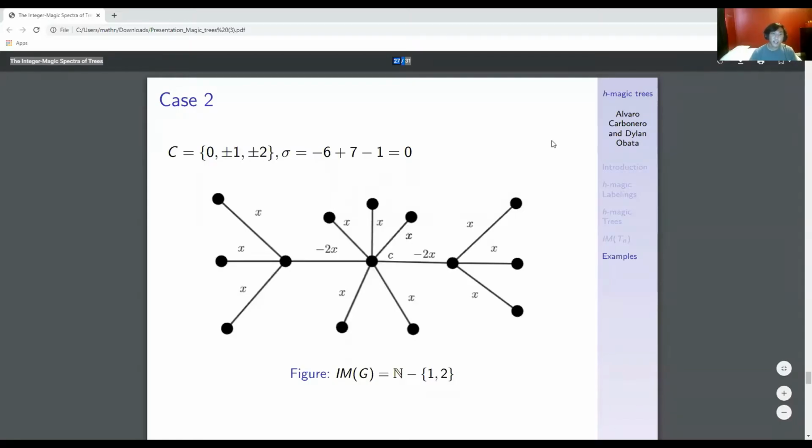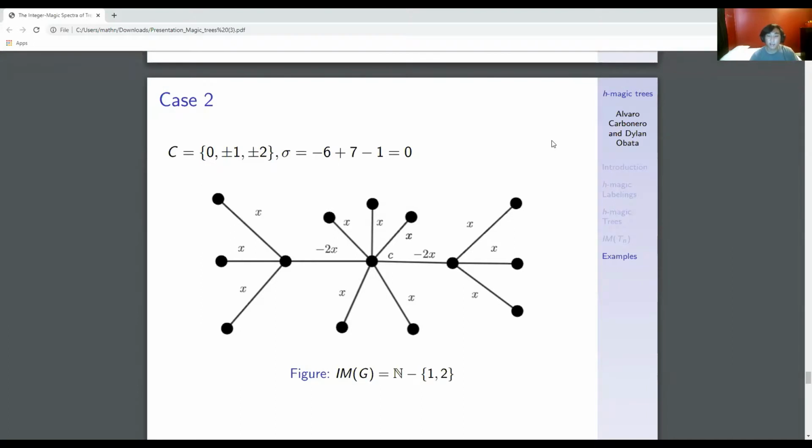For the second case, we can see that the labelings for the edges have to be x and -2x, and therefore the set C will consist of 0, ±1, and ±2. And from here, we can calculate sigma as -6 plus 7 minus 1.